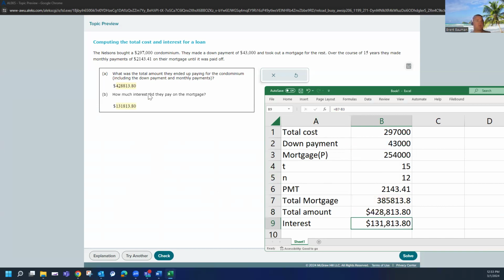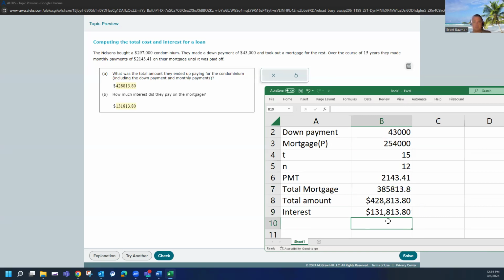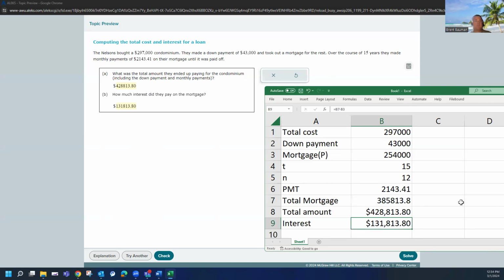And then the last part to find the interest, that goes back to just the interest on the mortgage. We don't have interest on our down payment. That's something we've made. It's gone. It's not getting interest added onto it. So we take the total mortgage amount, what we paid, minus the mortgage principal, what we originally started with the loan. And that gives us just the interest for the loan.